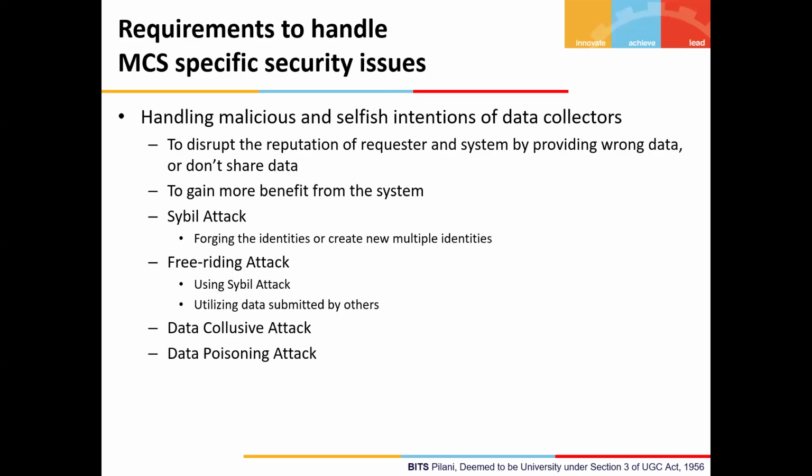I need to collect the data only once and I will send the same data with different identities, right? So I make the effort to collect the data only once and I am trying to get more benefits from this scenario. This is how a Sybil attack is very much possible. Free riding attack: we can understand this from the Sybil attack only.